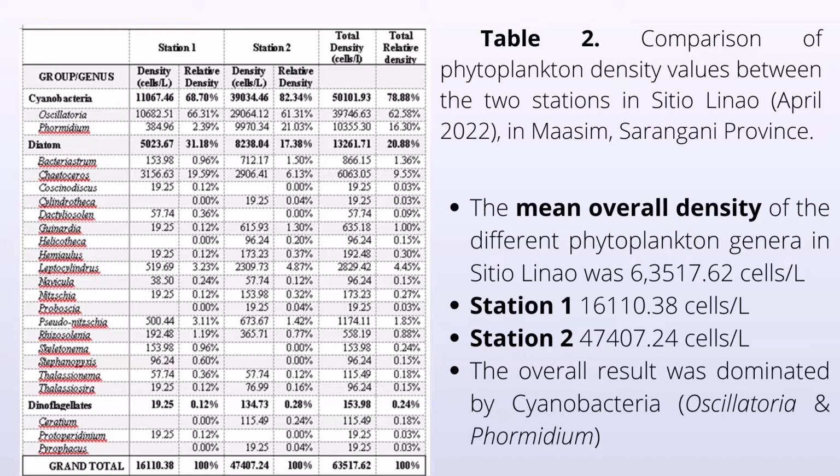There were 16,109 individuals recorded in Station 1 and 47,406 individuals in Station 2, which would equate to an overall abundance of 63,513 individuals. The overall result was dominated by the cyanobacteria Oscillatoria and Formidium.